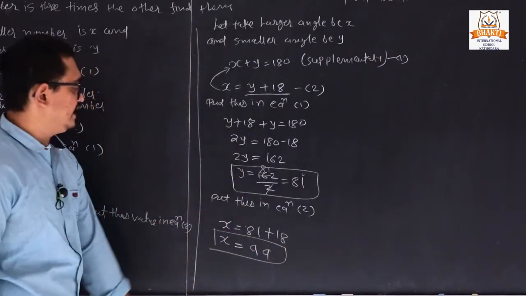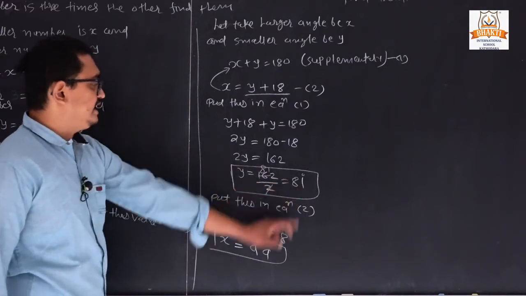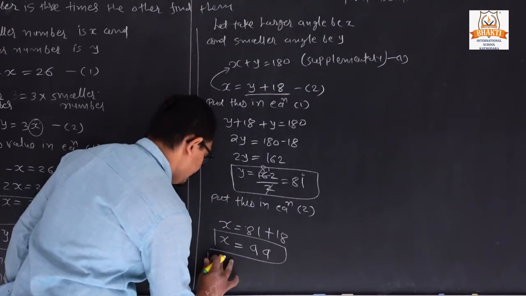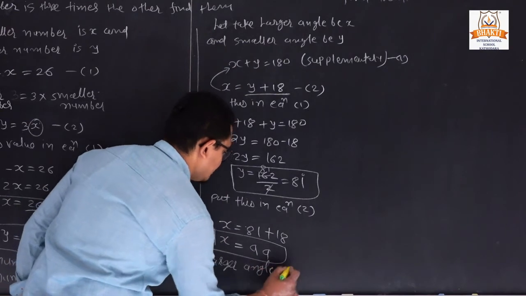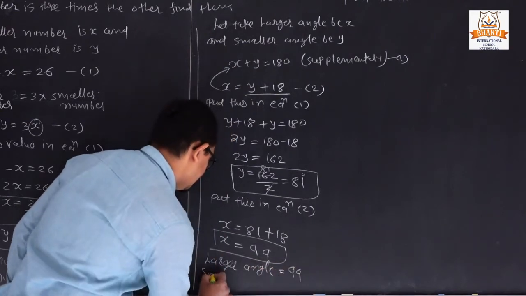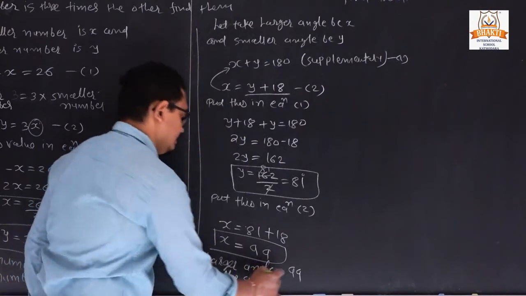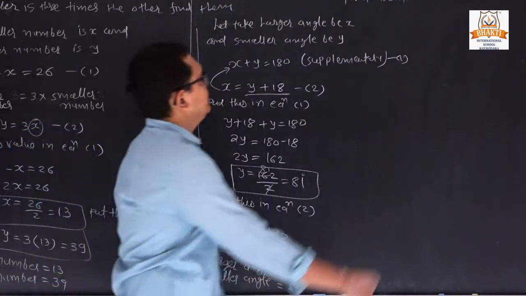And what is the smaller angle? It is 81. So we can write larger angle is equal to 99 and smaller angle is equal to 81.